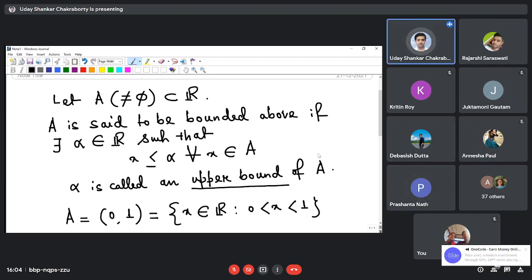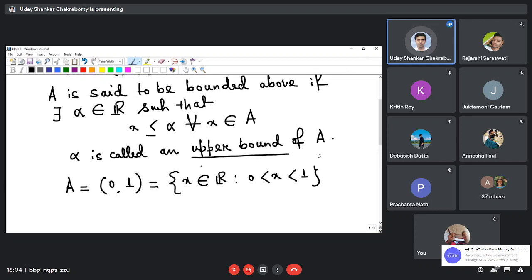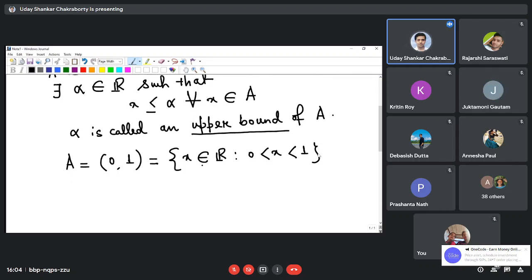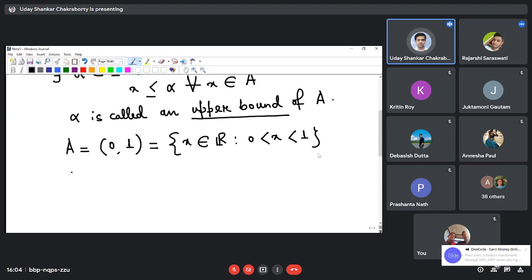Can you give me an upper bound? One. What about two? Yes, sir. Two, three, four, five, etc. Right. So you have understood that this set is definitely bounded above, and there are not only one, there are many upper bounds, infinitely many upper bounds. So this is bounded above.